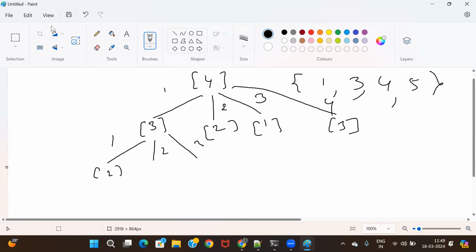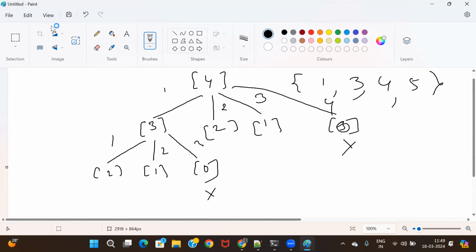Remaining length is 2 here, 1 here, 0 here. So you stop when length is 0. Fine, that is one exit condition. Remaining length is 0 here if you cut a piece of 4. So these two are the stops.